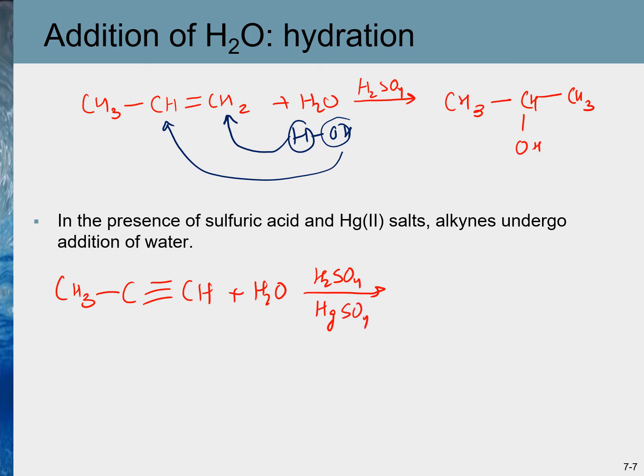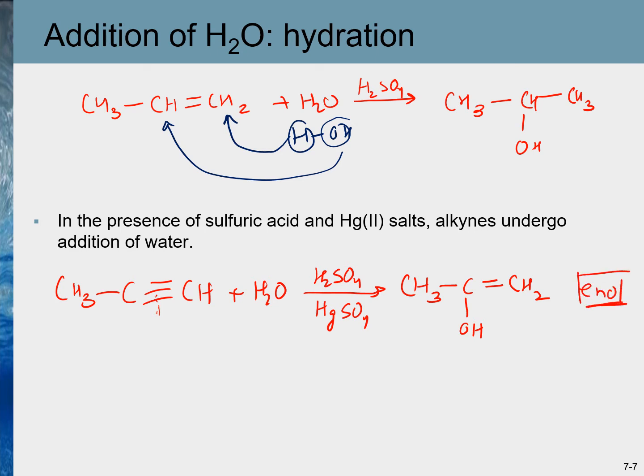So these two act as a catalyst, and the product again will be Markovnikov's addition, in which a pi bond from the alkyne will break, such as this one, and water will get added across it. So our end product will be an alkene where the OH group is present at number 2 carbon. Now this kind of product is known as enol.